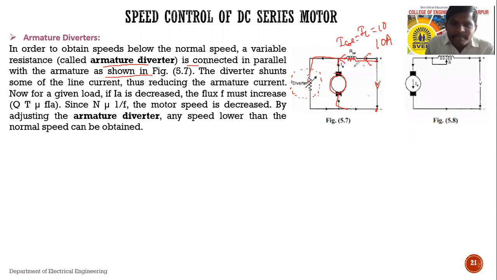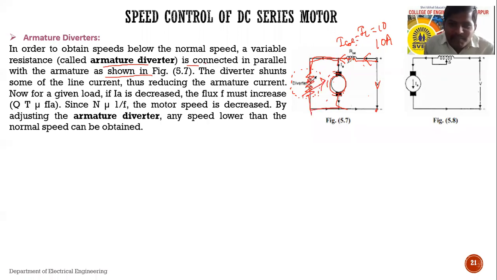What will the series field current be? The same. Now we are changing the current flowing through the armature, by connecting a variable resistance in parallel with the armature.